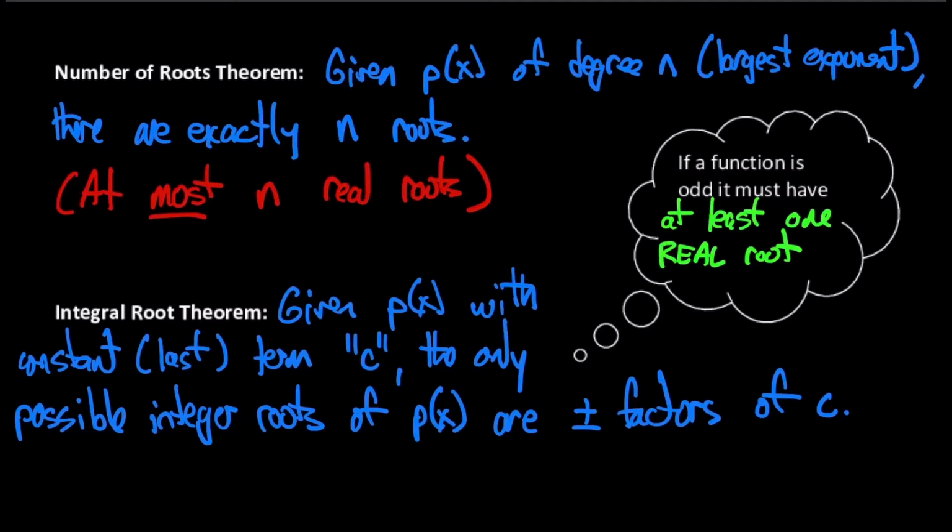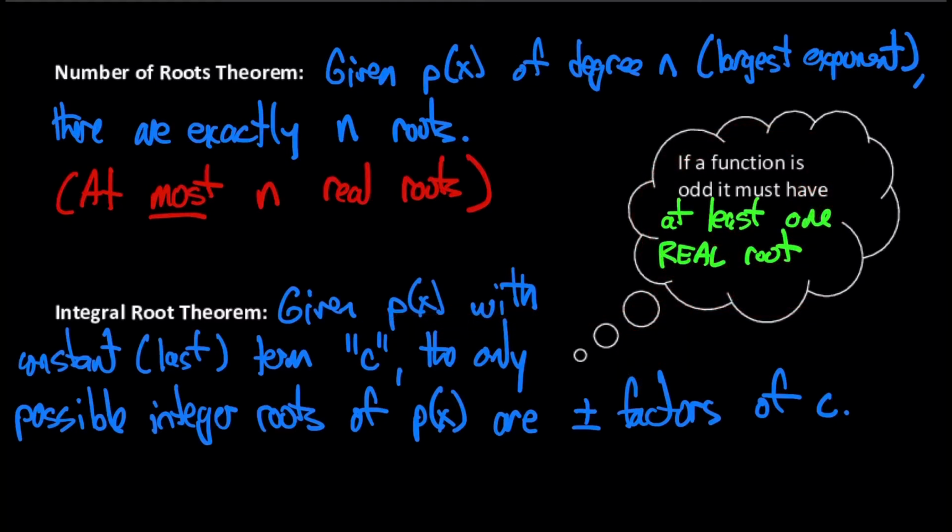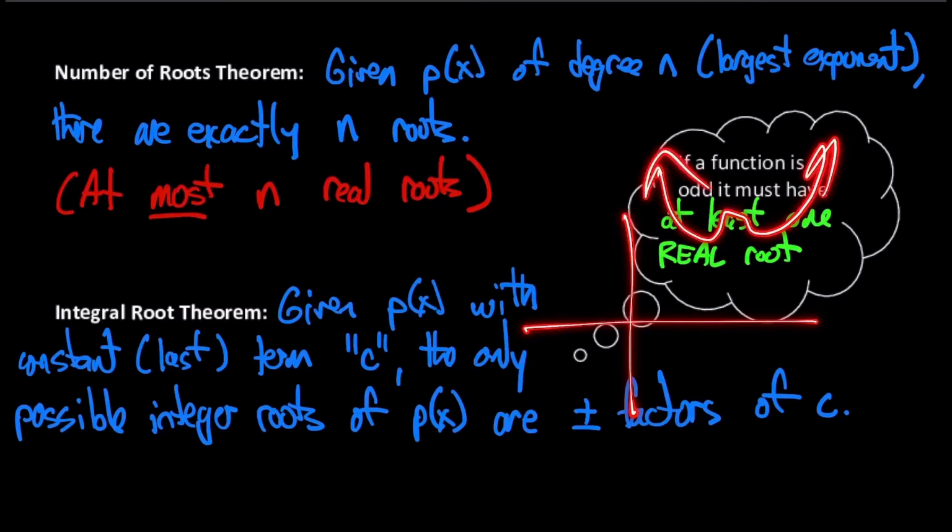Why is that? Well, if you think about it, an odd function has opposite tails. If this extends to negative infinity and that extends to positive infinity, it has to cross the x-axis at least one time. So that's why an odd function must have at least one real root. An even function, not necessarily. Here are my axes. Here's an even function. Never crosses.